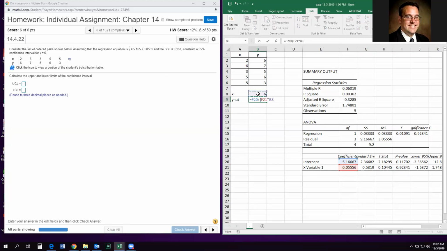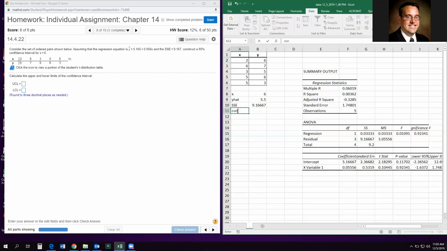So what we're really doing is working this straight line equation, and you don't have to use the info off of this regression output because it's actually given to you here in the problem. I just went ahead and did it because the same information is here and I don't have to type it out. So what we're saying is if x is 6, we predict y will be 5.5. Okay. SSE, again, this is given to us in the problem right here, 9.167.